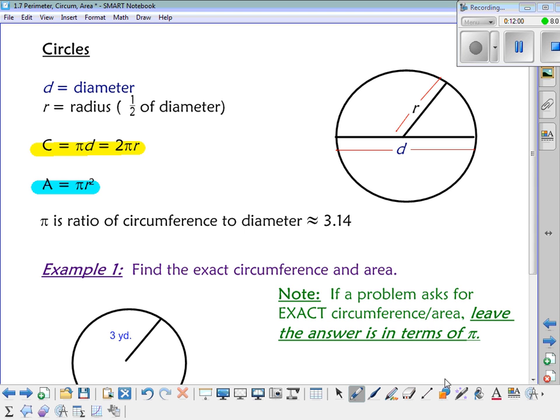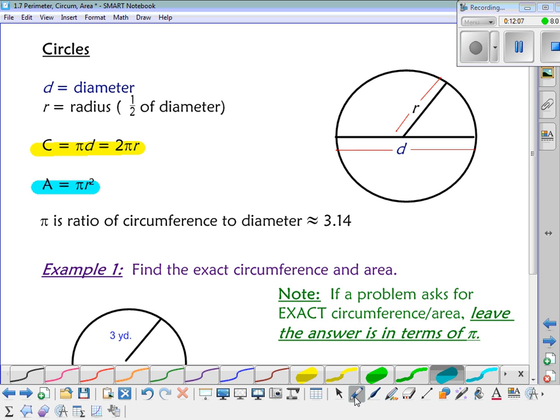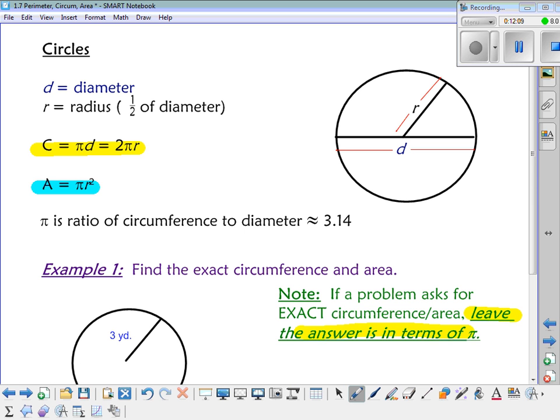But if I want to know the exact circumference or the exact area, I'm going to leave pi in the answer. Because pi goes on infinitely, it can never be written out exactly. So the only way to represent it exactly is to leave pi as part of the answer.